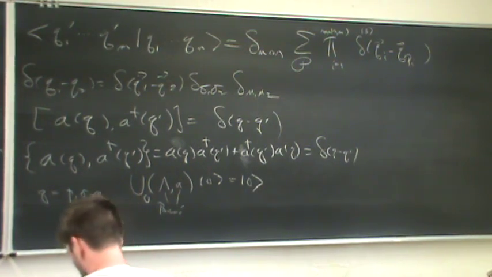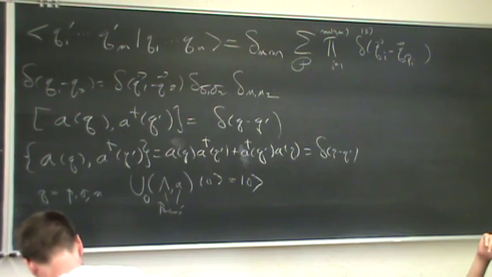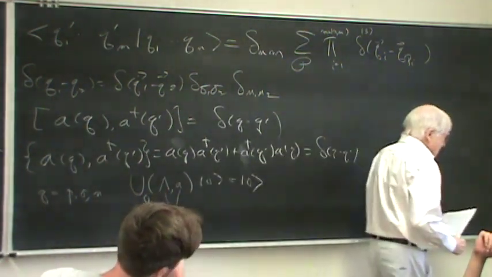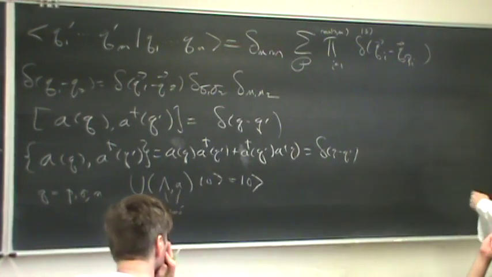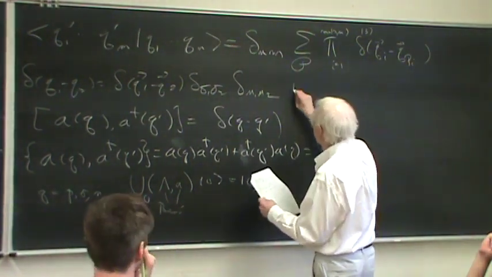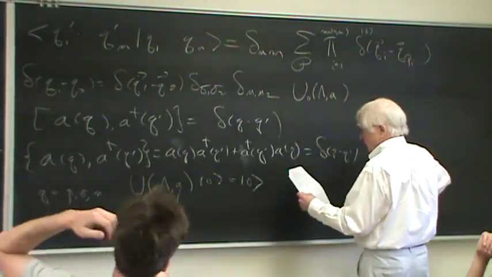Okay, now, we've taken the trouble the last couple of weeks to say something about how states transform under Lorentz transformations, and translations for that matter. That tells us how states transform, how creation operators have to transform. And in particular, this is a Lorentz transformation.